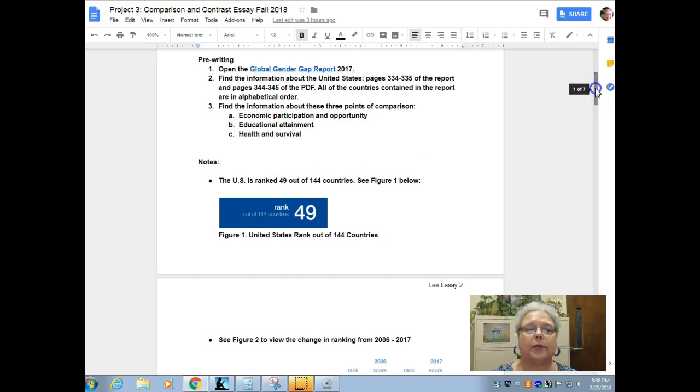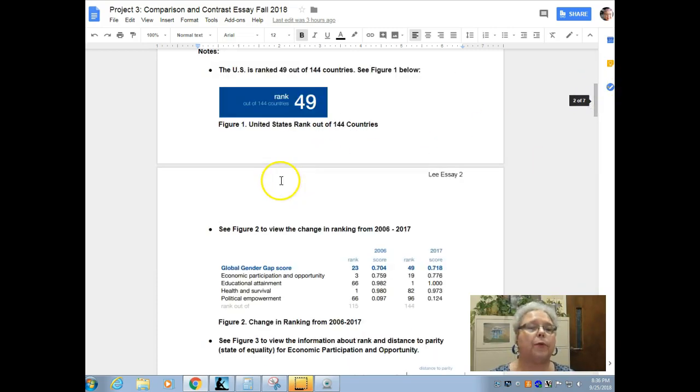And so I've made some notes. The U.S. is ranked 49 out of 144 countries. And see the figure below. These are the screenshots I took from the report. So you can see there it is, right? It's 49 out of 144 countries.